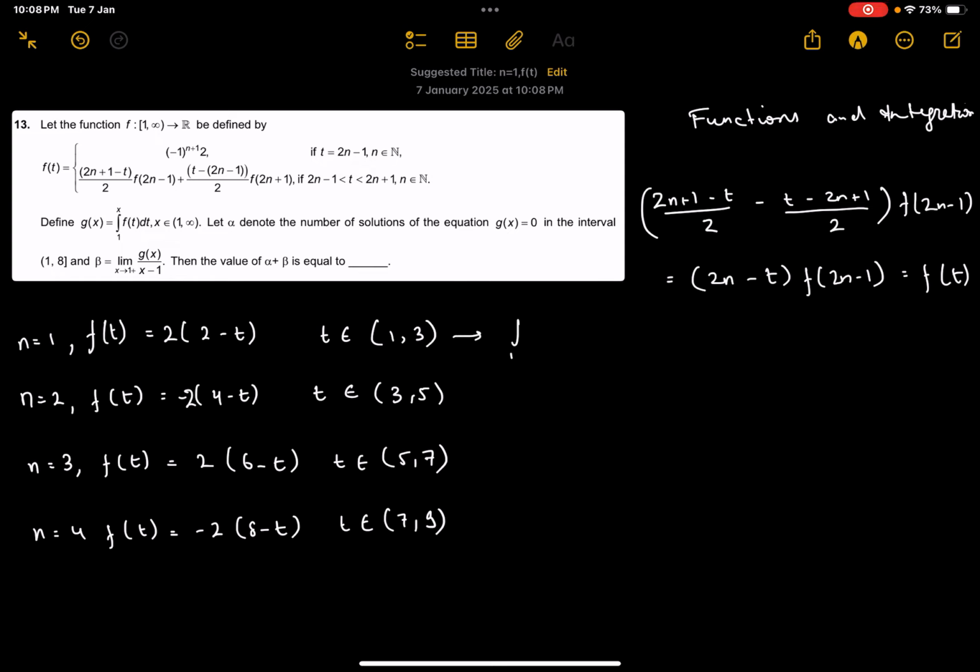This becomes the integral from 1 to x of 2 into (2 minus t) dt, which is 4(x minus 1) minus (x square minus 1) when x is in 1 to 3.